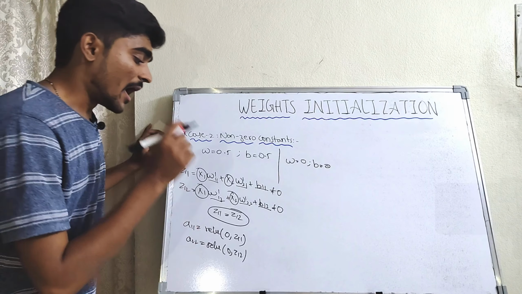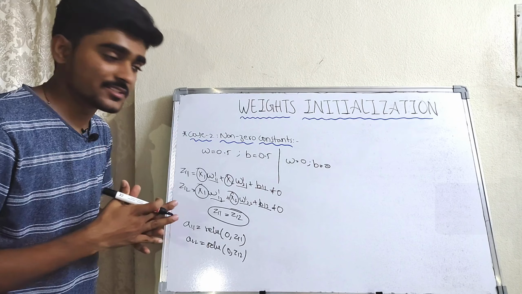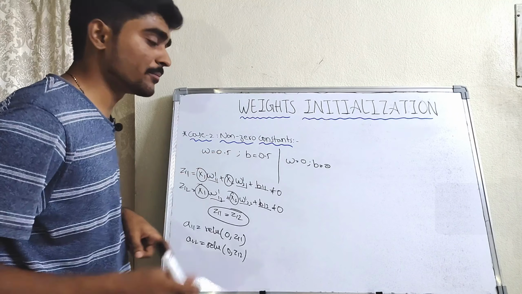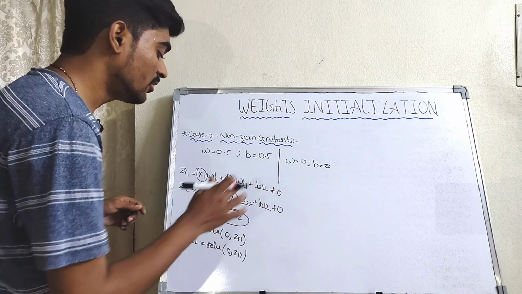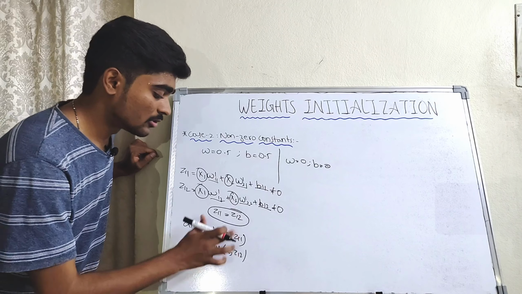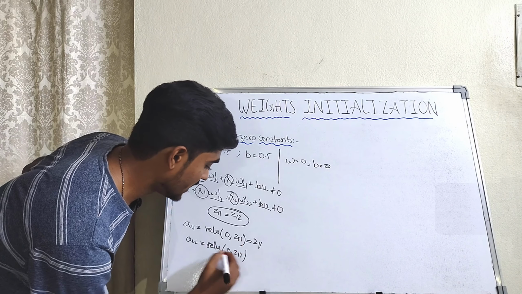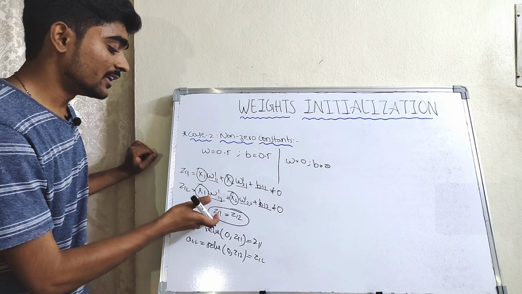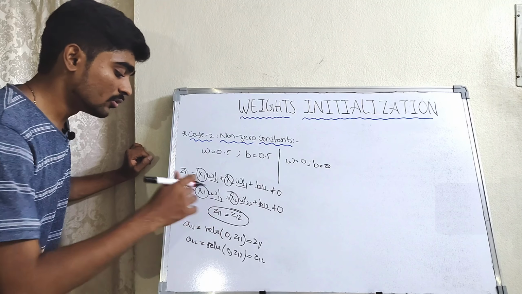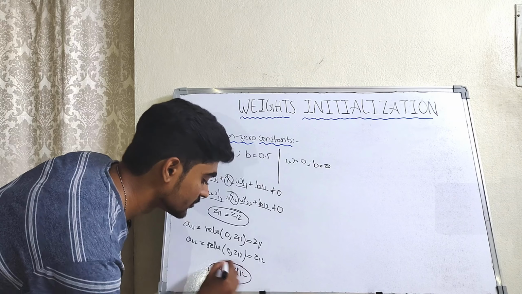As z11 is not equal to 0 and is greater than 0, since we initialized weights and bias values to some non-zero value greater than 0, a11 will be equal to z11, and a12 will be equal to z12. But we have seen that z11 is equal to z12. So a11 is equal to a12.